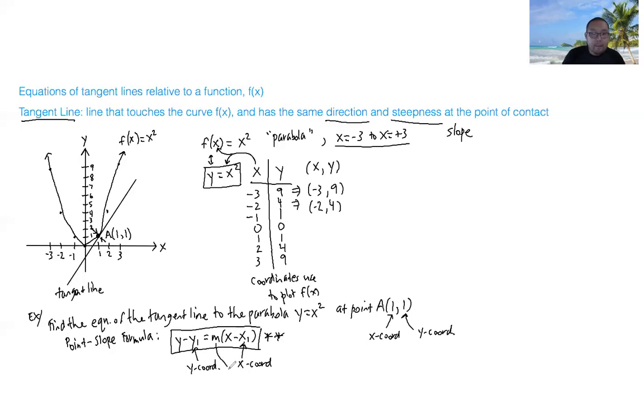And then m represents the slope that I was referring to above here. And slope is also known as m, so it uses the variable m in calculation. And remember we said that slope is going to represent the steepness and direction of this line, of our tangent line at this point, okay?